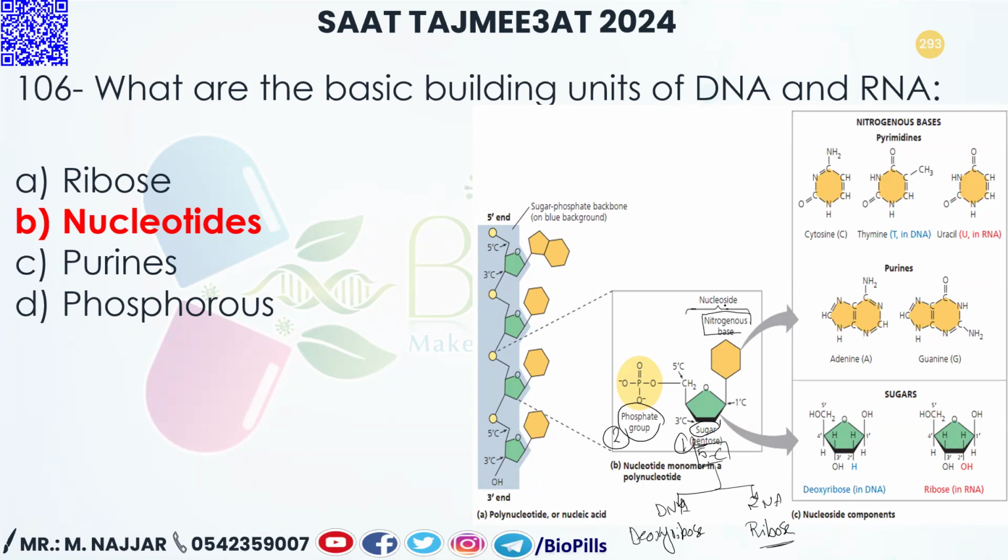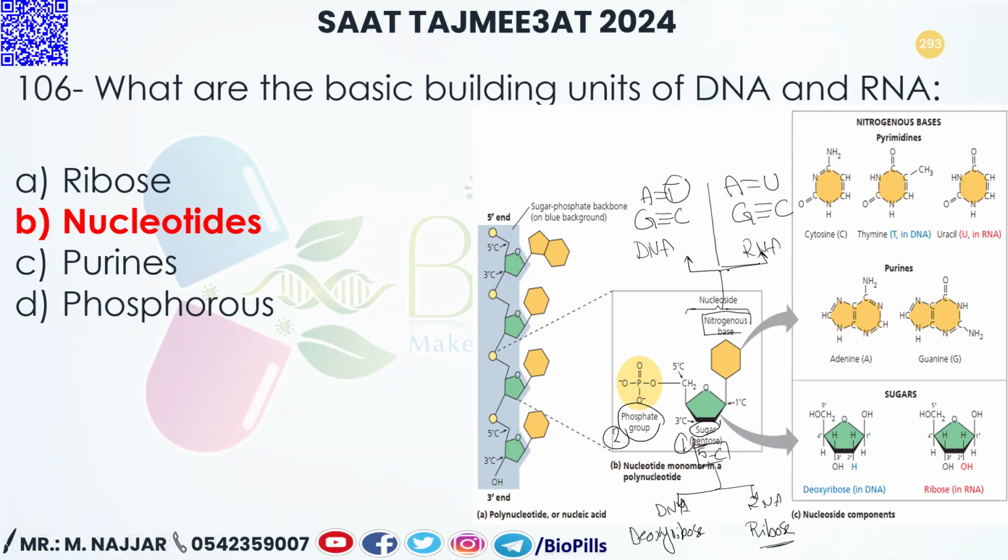In the case of DNA, adenine always pairs with thymine by a double hydrogen bond, and guanine always pairs with cytosine with a triple hydrogen bond. In the case of RNA, adenine will pair up with uracil. There is no thymine in the RNA, and guanine will be paired with cytosine by a triple hydrogen bond. Those are the basic building units.